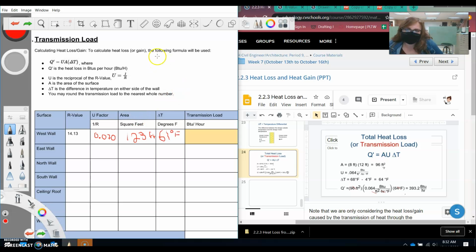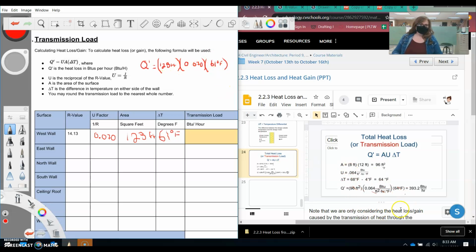Okay, so let's work through this, shall we? Q equals 128 feet squared times 0.070 times 61 degrees Fahrenheit.